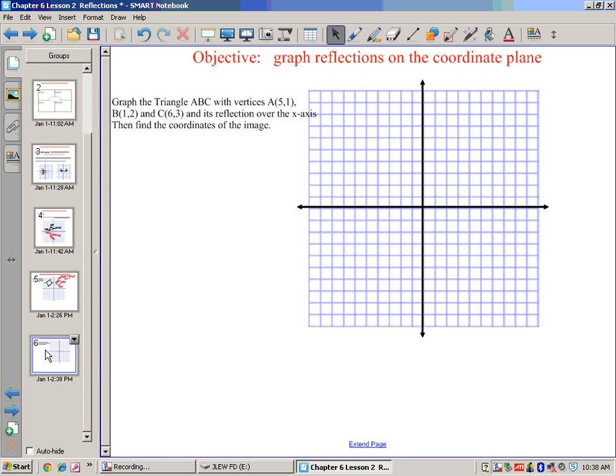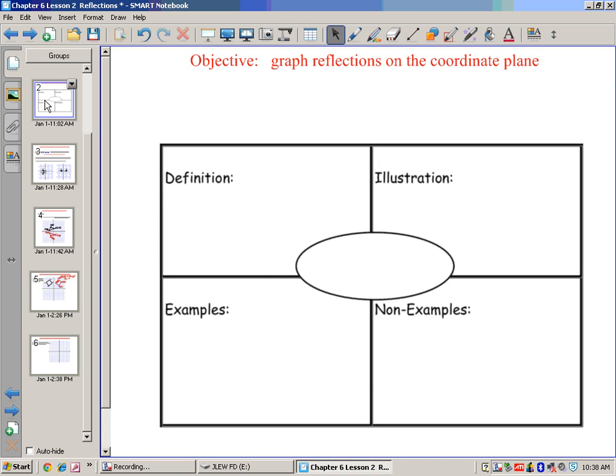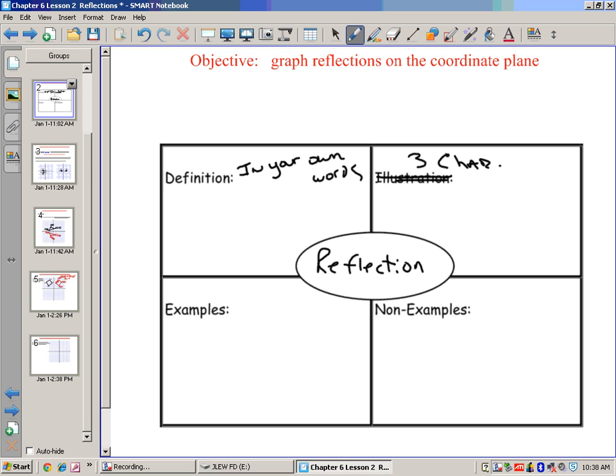And also, once again, we're going to do a graphic organizer about reflection. Define it in your own words. We're going to do 3 characteristics of reflection.